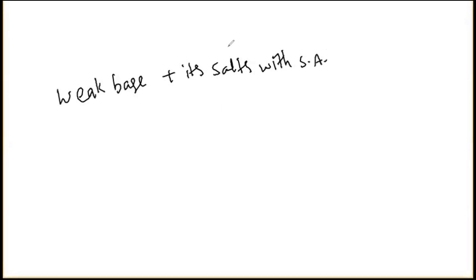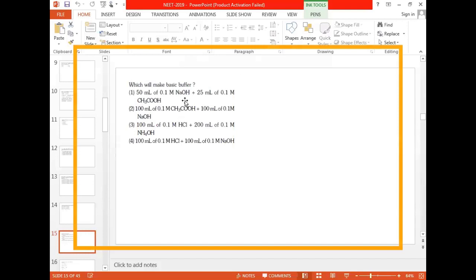Yes, sir. Right. Now I go through the options one by one. Here, basic buffer means it should be a weak base, but NaOH is a strong base. Then I can ignore this one.